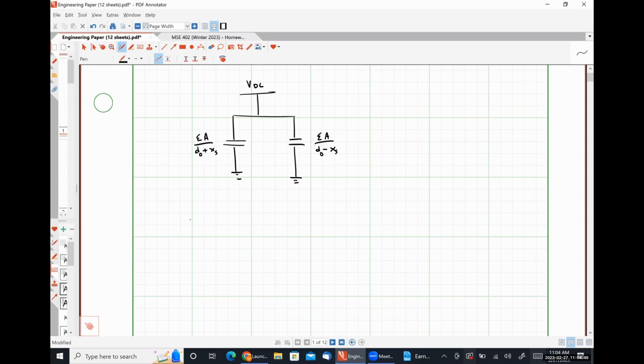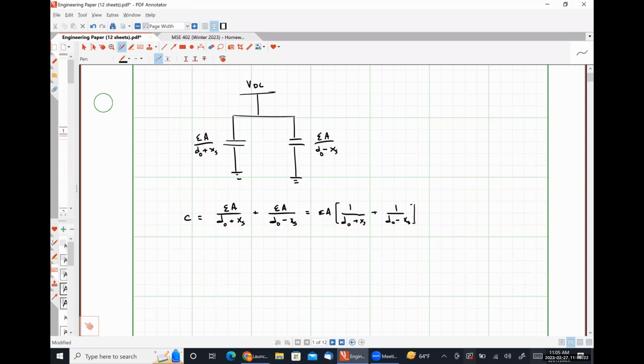So C is just these two things added together: epsilon A over D naught plus XS plus epsilon A over D naught minus XS, which is epsilon A times 1 over D naught plus XS plus 1 over D naught minus XS.